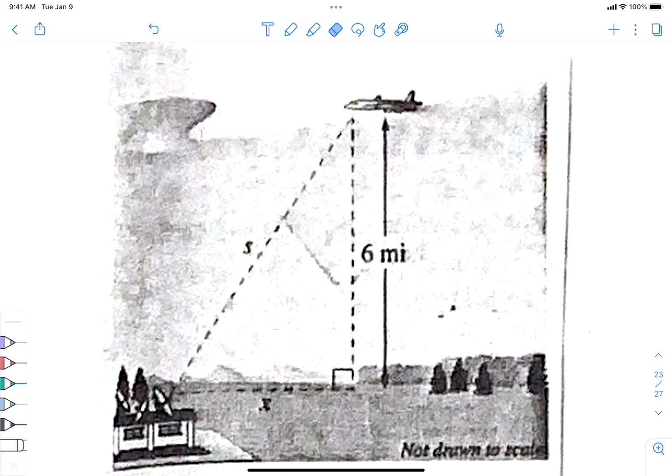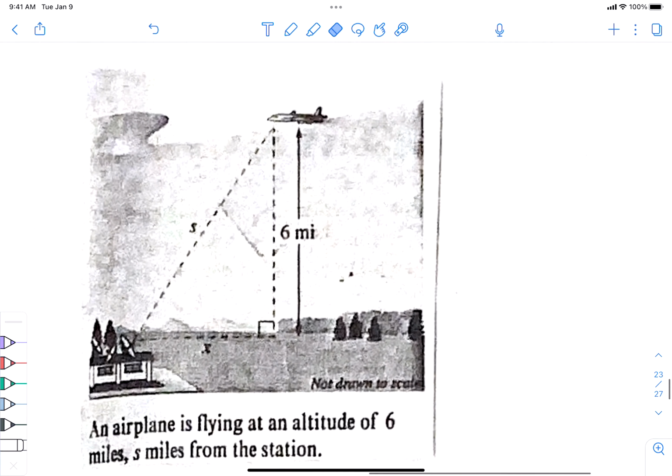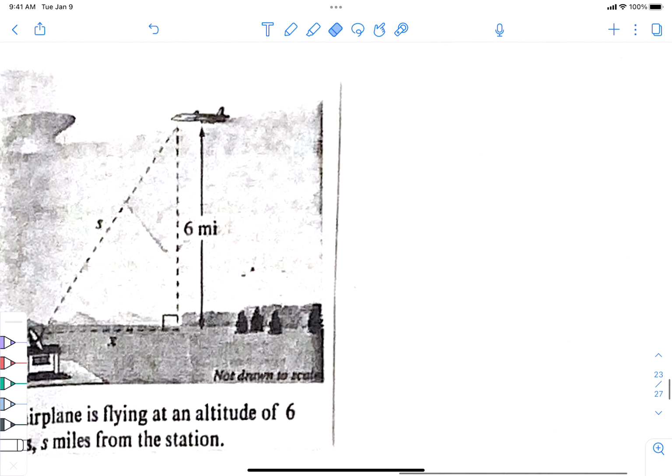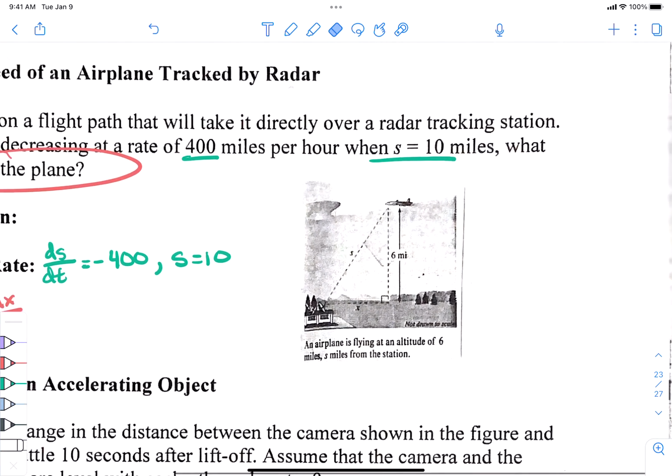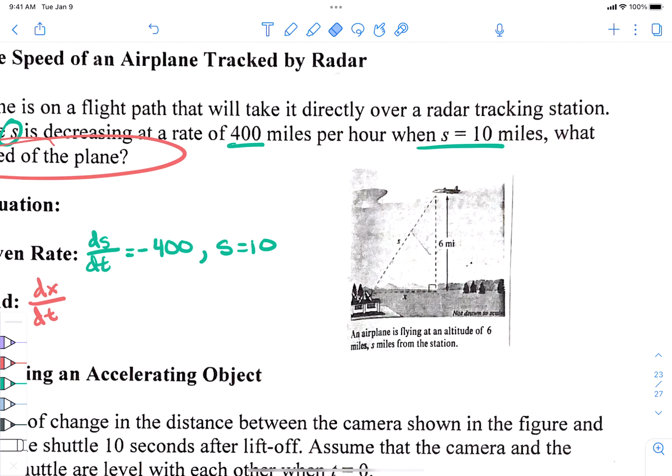Yes, it's a right triangle. We can do the Pythagorean theorem. Yeah, very nice. Okay, so Pythagorean theorem, a squared plus b squared equals c squared, and in this case, we have x squared plus 6 squared, and we can get away with just calling that 6 squared because that is staying a constant 6, like it's not changing.